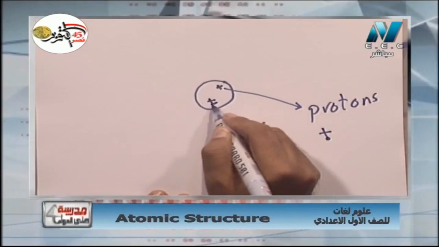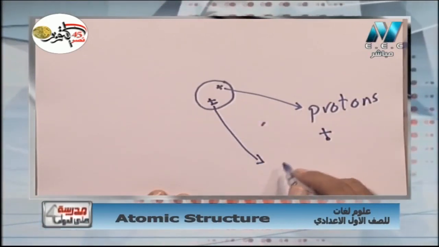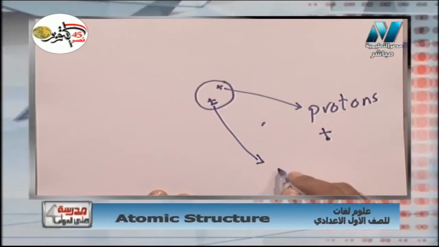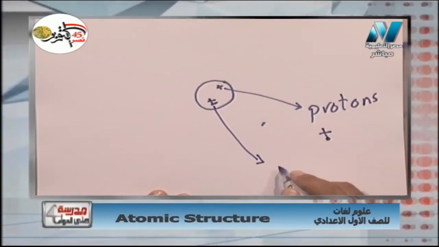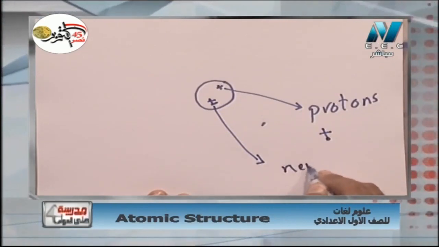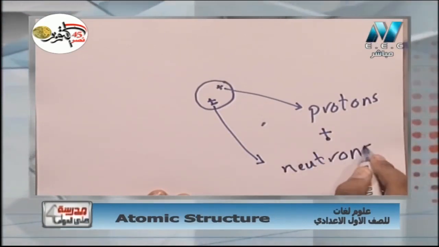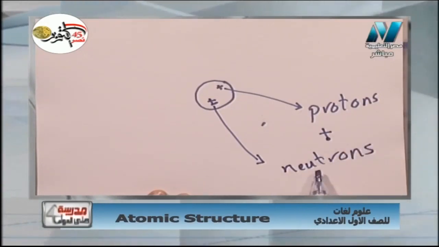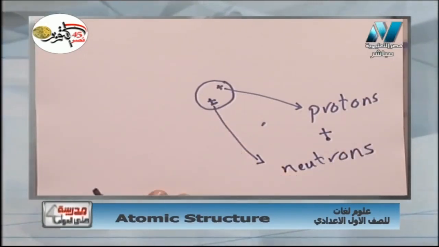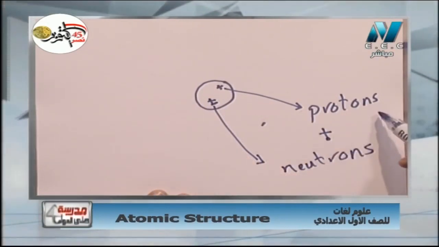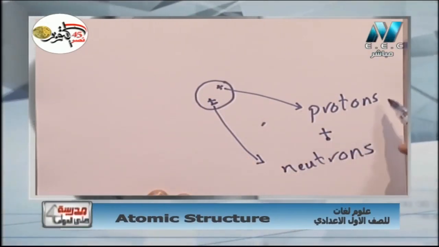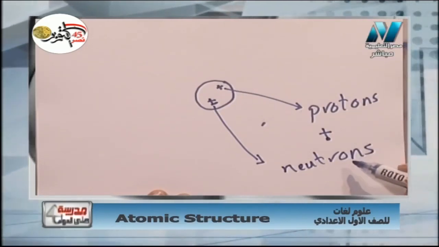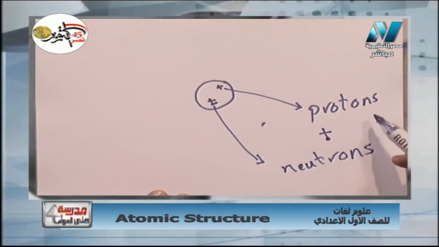And another particle that has no charge, it is neutral, so it's called neutrons. So protons and neutrons exist in the nucleus. Protons and neutrons are heavy relative to electrons.